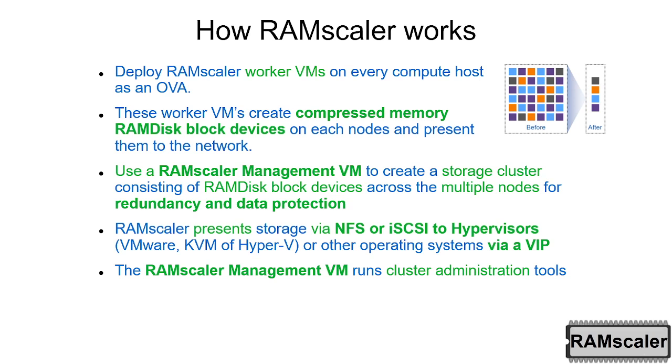Our management server VM clusters those RAM disk block devices together to create a large pool of storage capacity that is then presented to the hypervisor or directly to applications using standard storage protocols like NFS and iSCSI. The RAMscaler management virtual machine has all of the standard storage administration tools that you would expect from any storage product. It enables you to very simply set up, deploy, scale, and ongoing manage the environment.